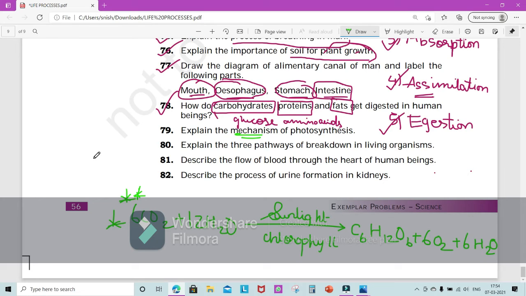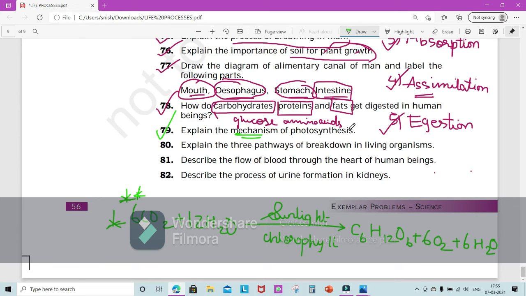Final point is reduction of carbon dioxide into glucose. So carbon dioxide will be converted into glucose, and if you mention these points, it's sufficient, right? So I think we are done with this one as well.